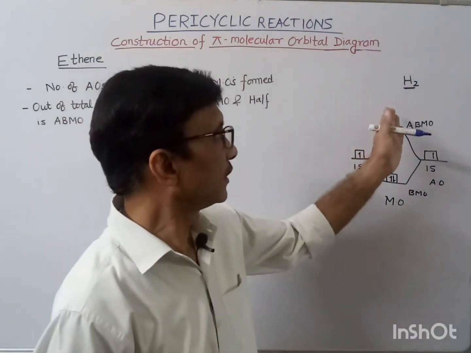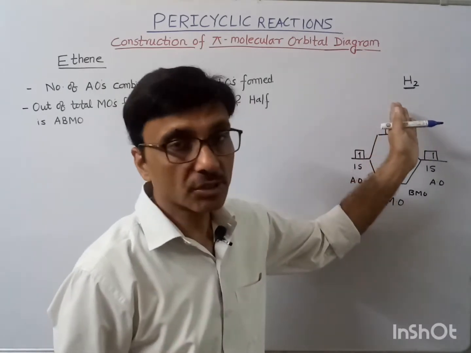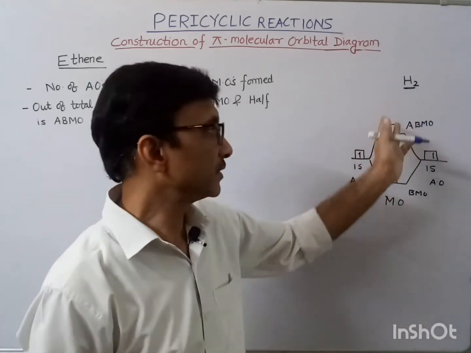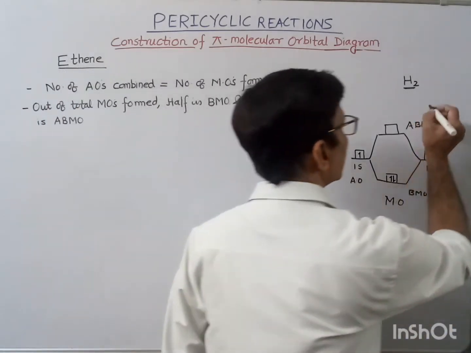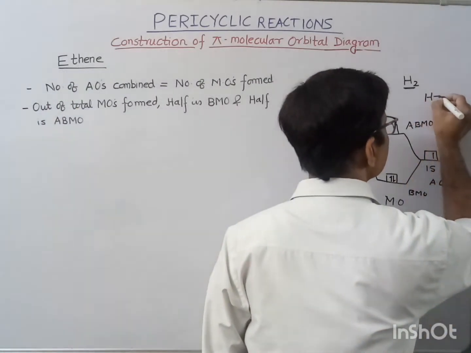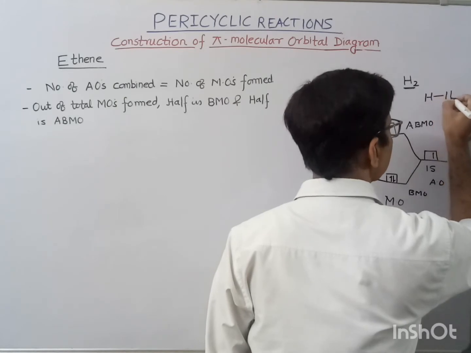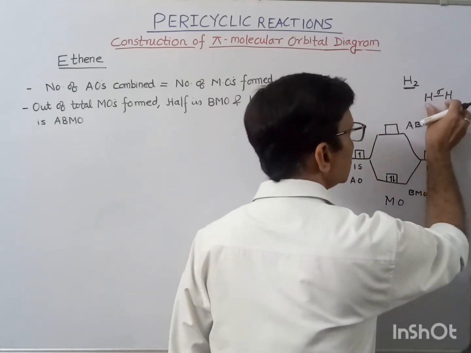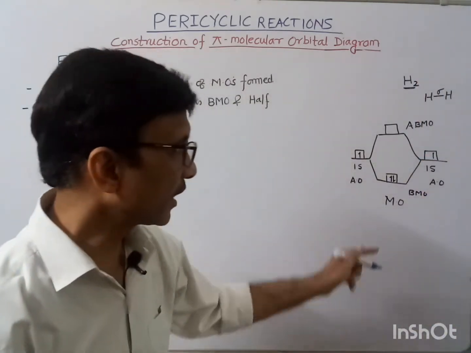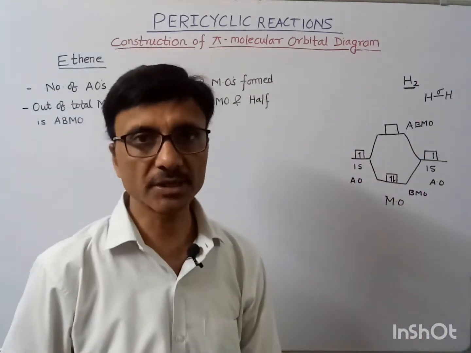This is not the pi molecular orbital diagram. This is the sigma molecular orbital diagram, because in the hydrogen molecule the sigma bond is present. That's why I have drawn here the sigma molecular orbital diagram.